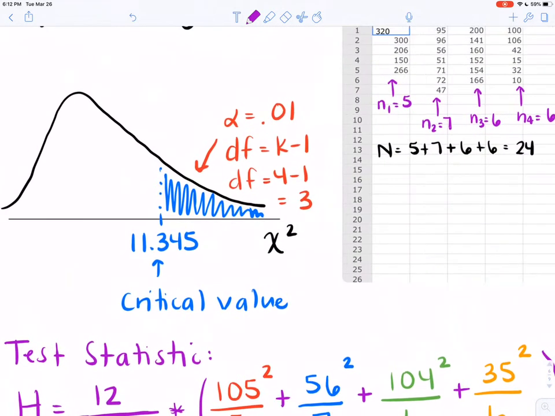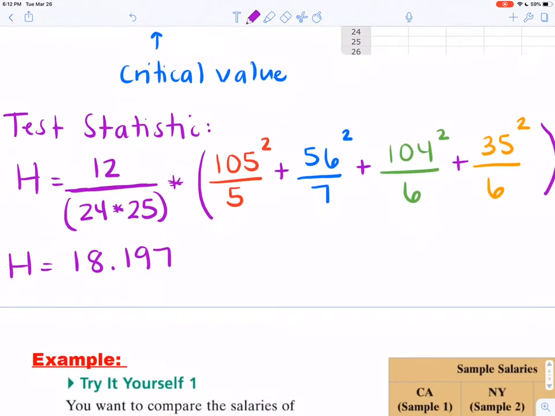And in this case it is, right? 18.197 is greater than the critical value of 11.345. What's important here is that it is in the rejection region.